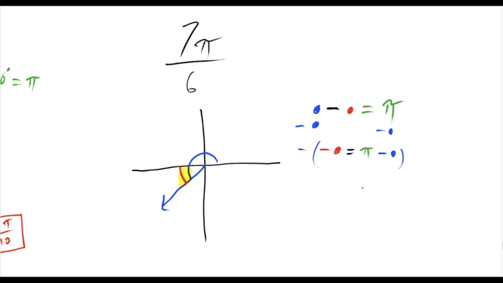So the end result is just going to be negative pi plus the blue piece.